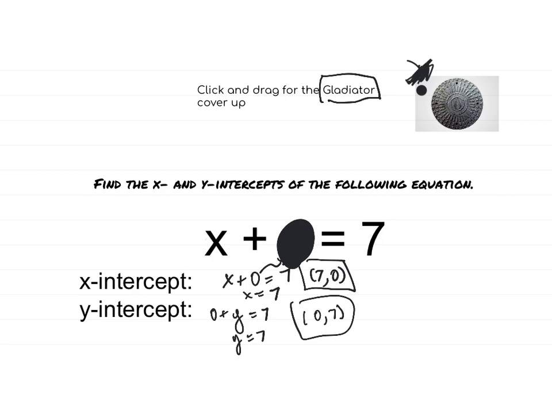Ta-da! Now, let's drag your gladiator grit cover-up and do the other side. There's your y-intercept. Ta-da! Done. That is the gladiator cover-up.